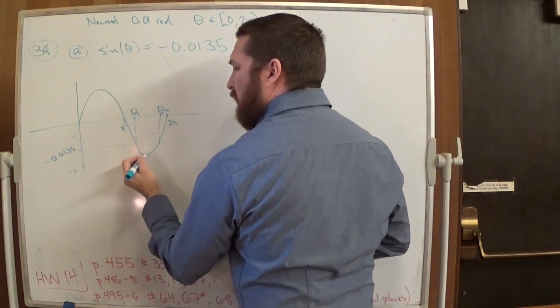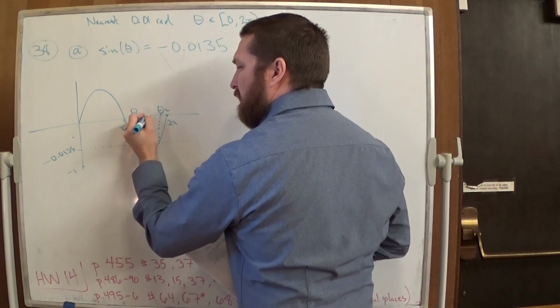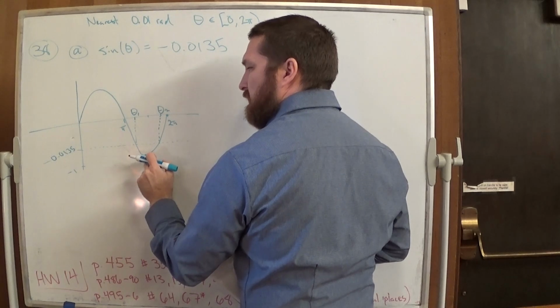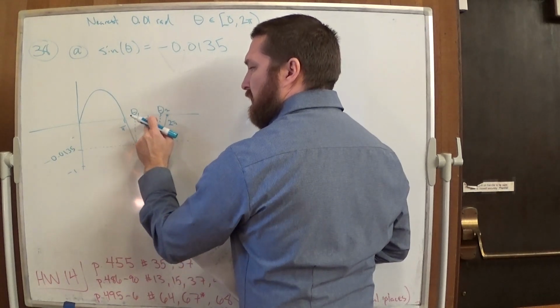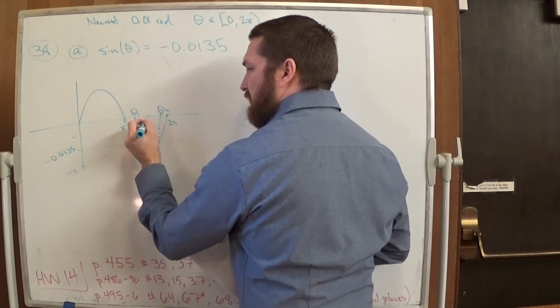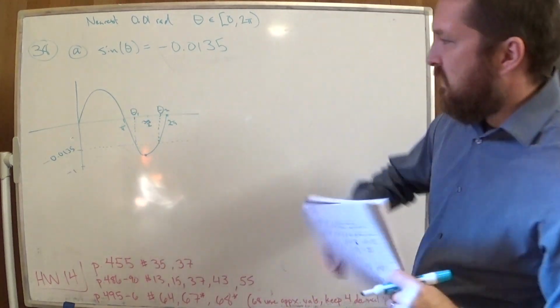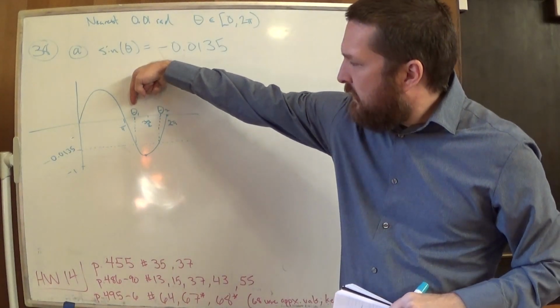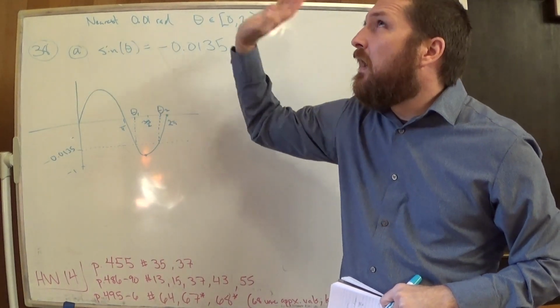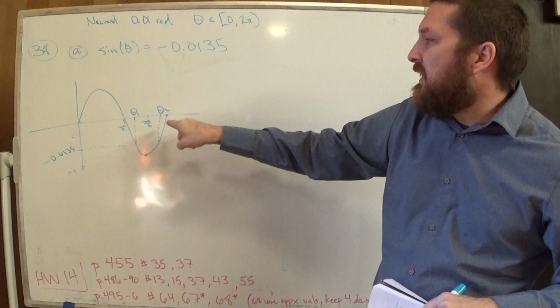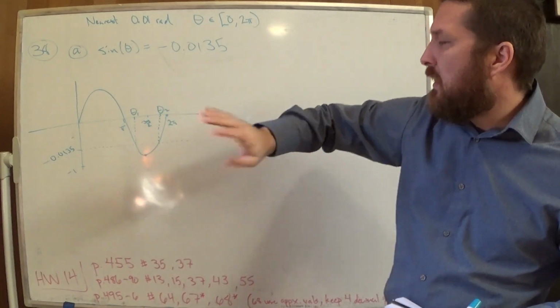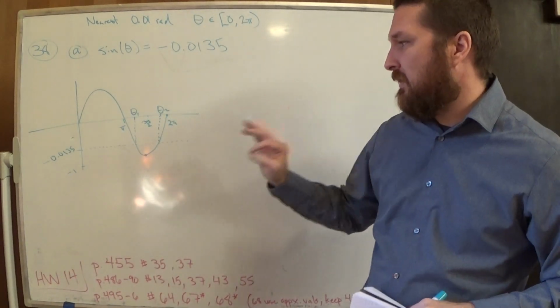Now, this point right here, what's the radian value for where that point occurs? So that's pi, that's 2 pi, that's 3 pi over 2. So, in other words, theta 1 is in which quadrant? Third quadrant. Theta 2 is in which quadrant? Okay, we could use that to help check our answer at the end.